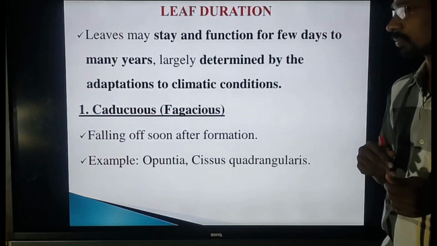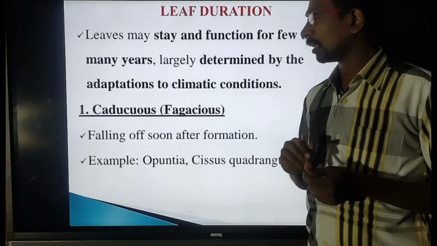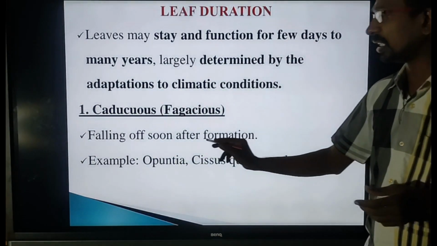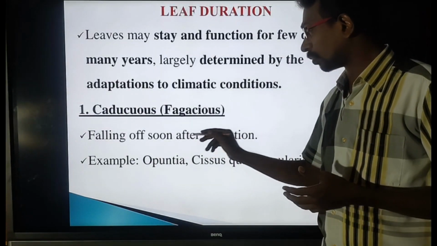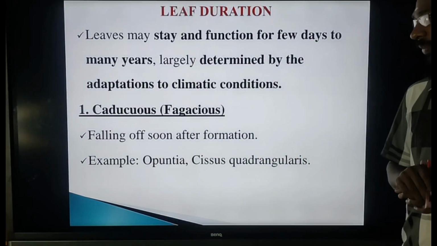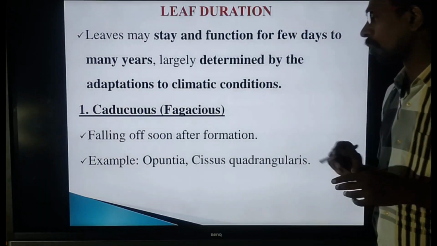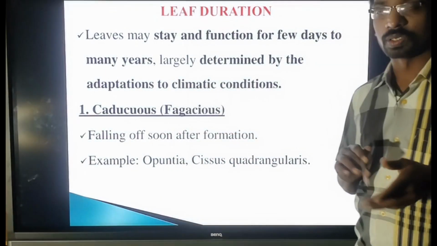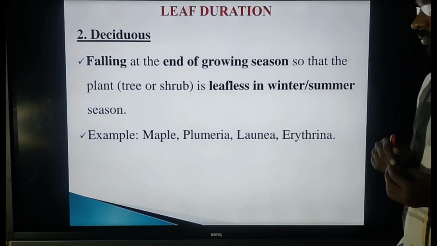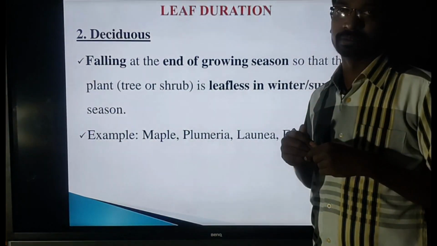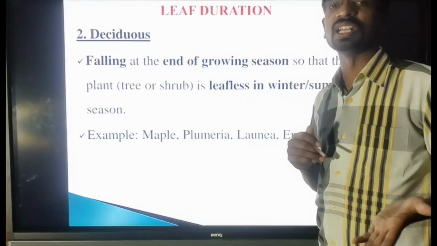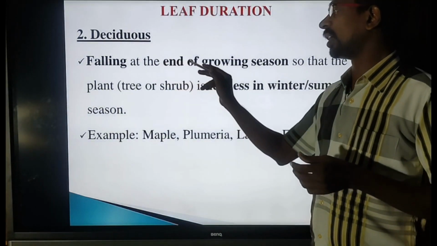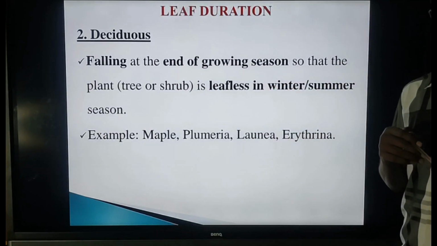First one, caducous. The leaf falls off very soon after its formation. Example, Opuntia, which is very commonly seen in xerophytic conditions. Second one, deciduous. Caducous means immediately falling off when formed. Deciduous means falling at the end of the growing season.